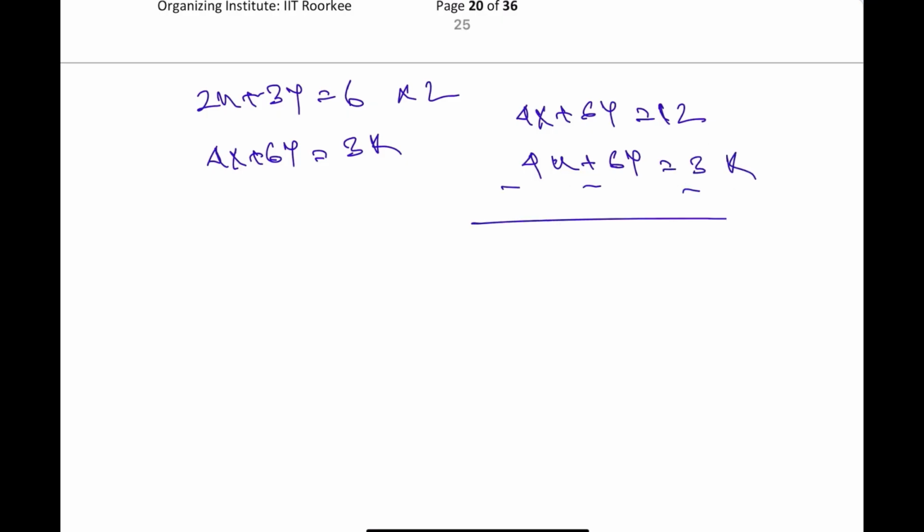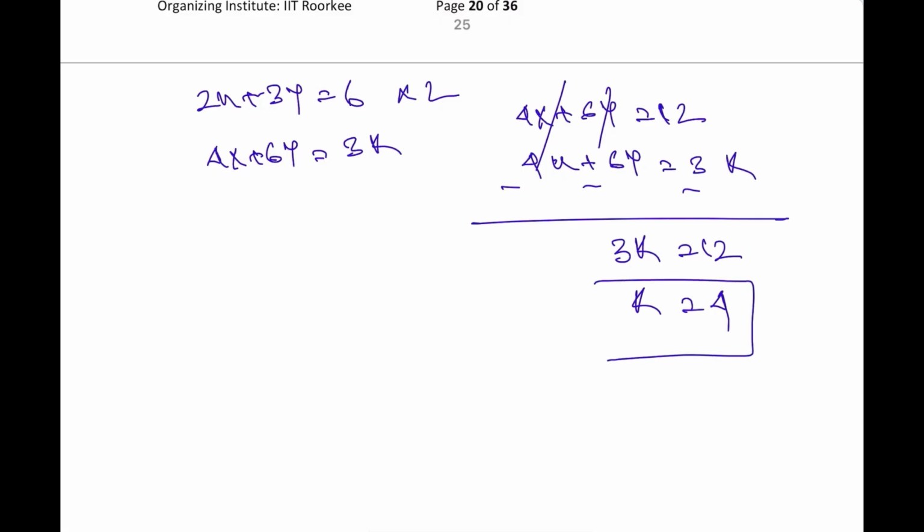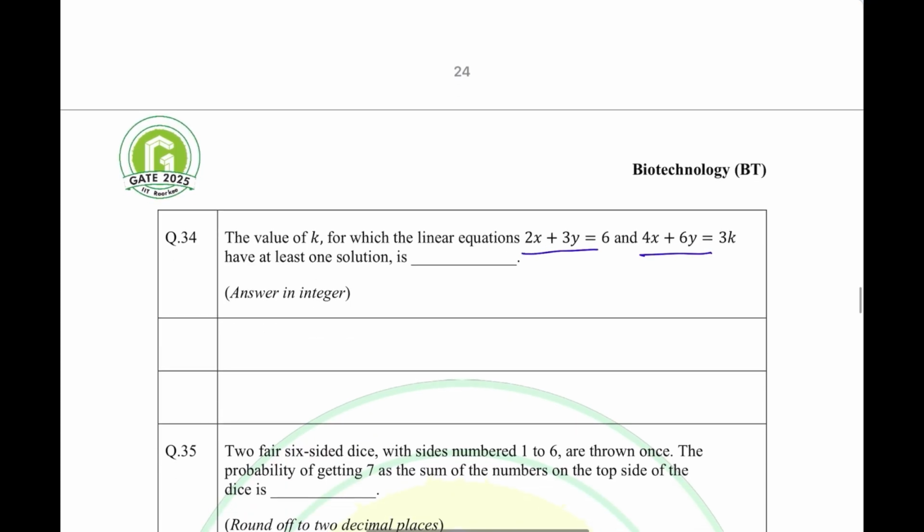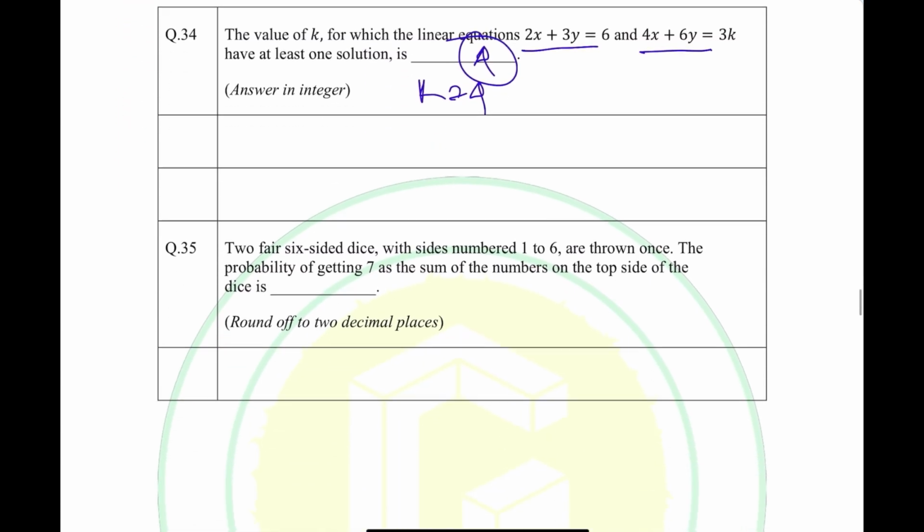Subtracting, the 4x and 6y cancel out, and here we will get 3k is equal to 12, so k is equal to 4. Okay, here the answer will be k is equal to 4.